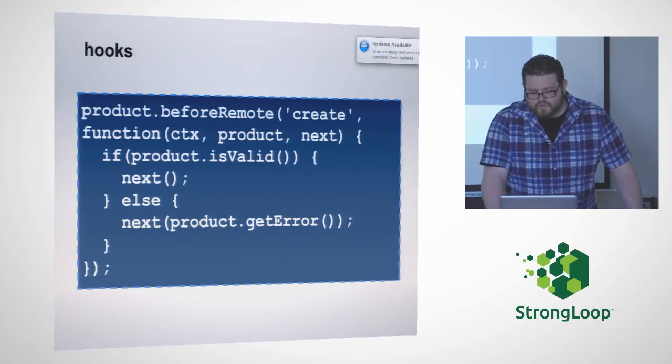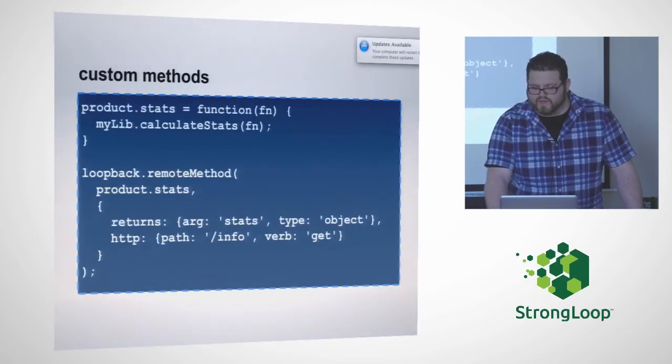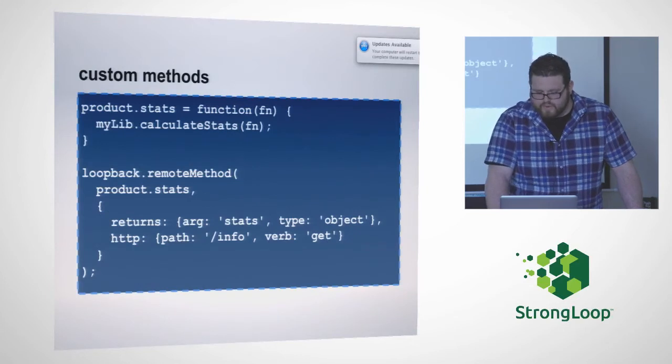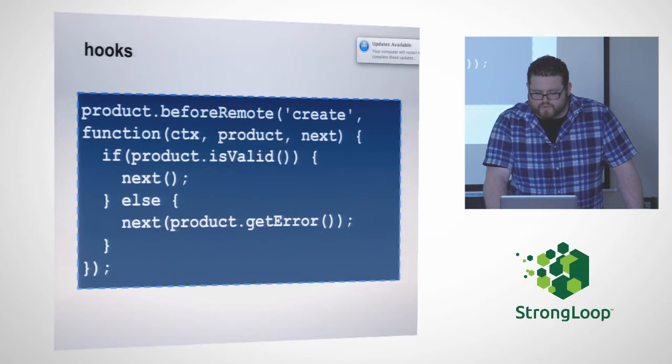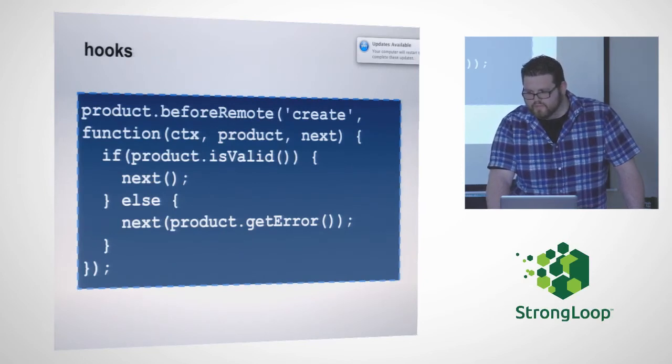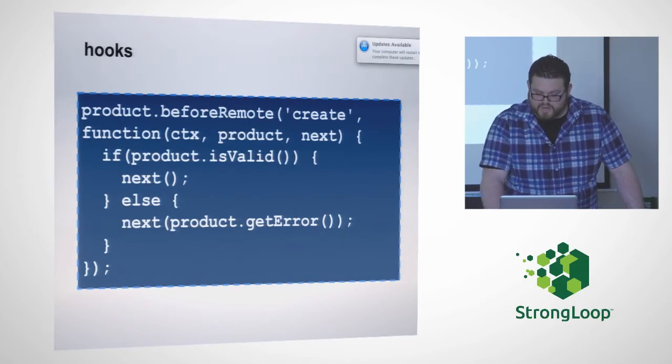So this is a really straightforward way of adding arbitrary methods to your models and calling them over REST. But we also support hooks into the other methods I was talking about, like for example, create.